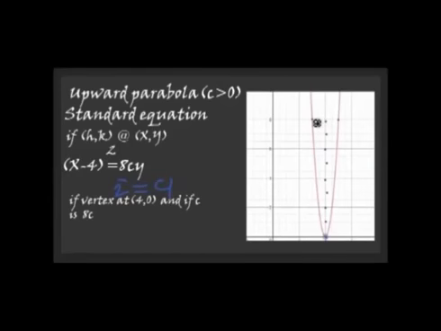To find the latus rectum easily, you just count the points between it, or you can divide it by 2, I guess. That's just how easy it is.